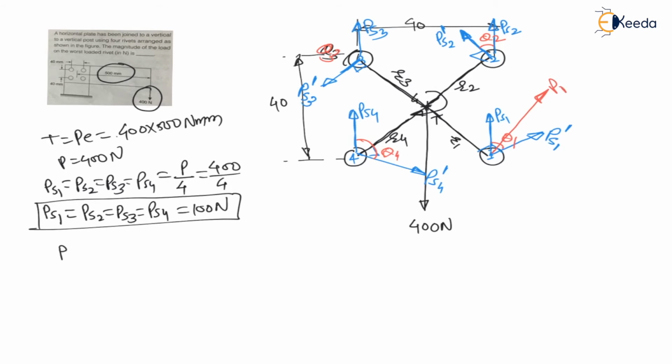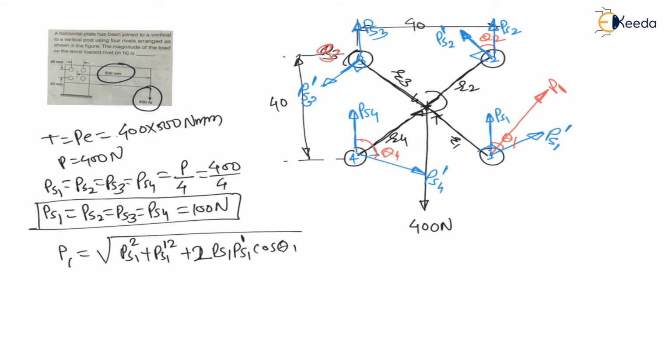This will be P1, which is the resultant of PS1 dash and PS1. Therefore we can say P1 is equal to, resultant is nothing but under root of PS1 square plus PS1 dash square plus twice PS1 PS1 dash cos theta 1.